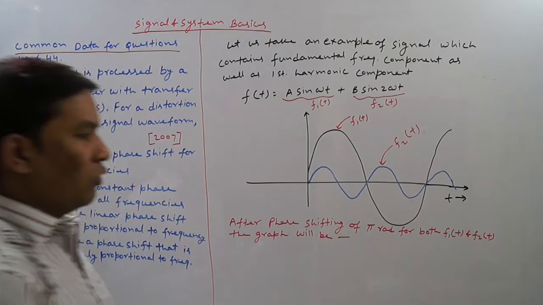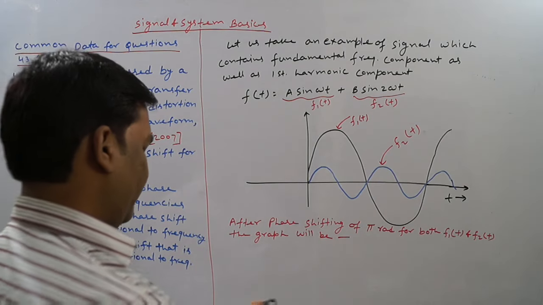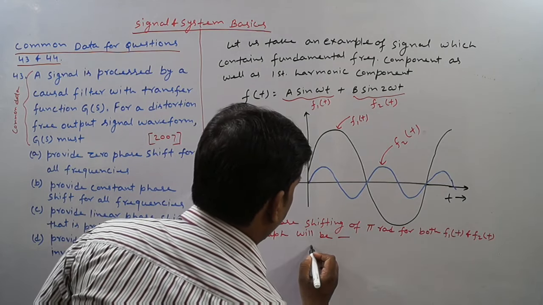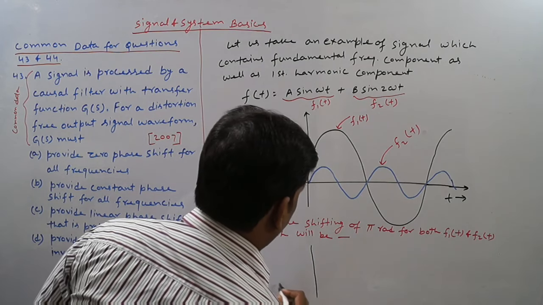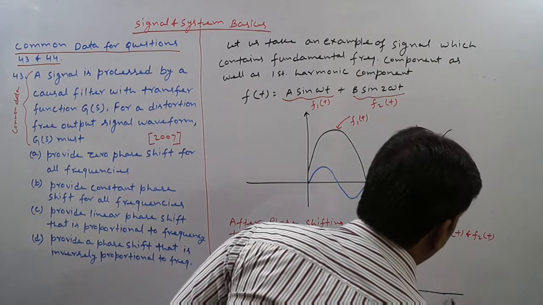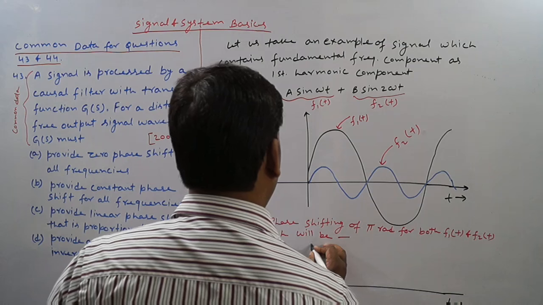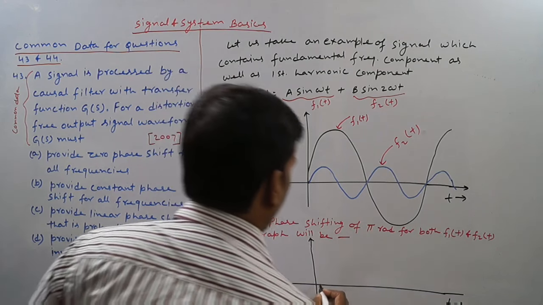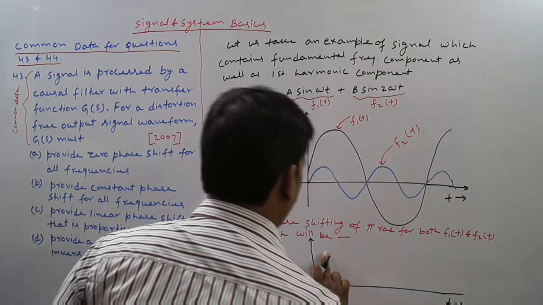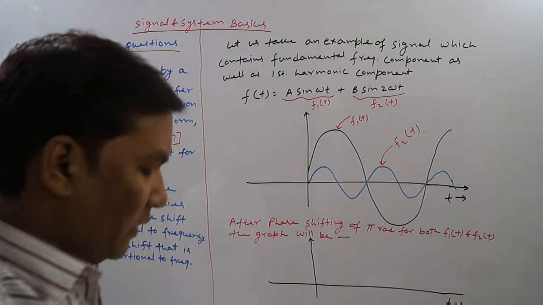Now let me draw the graph again. Suppose this is the graph, and this is t. Now we are doing the phase shifting of pi.